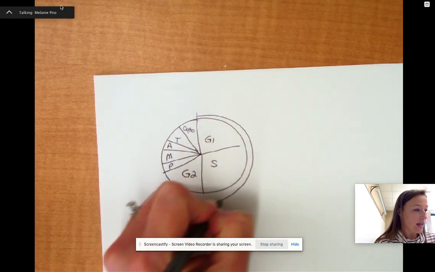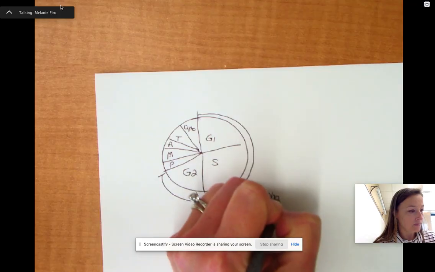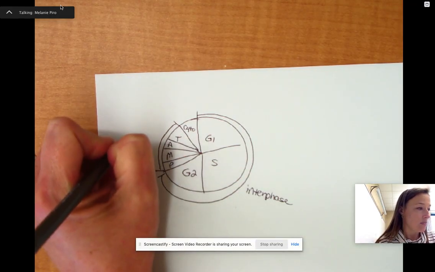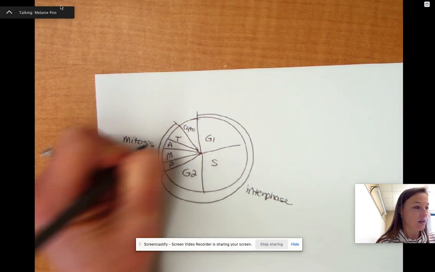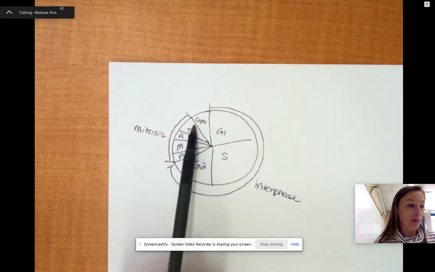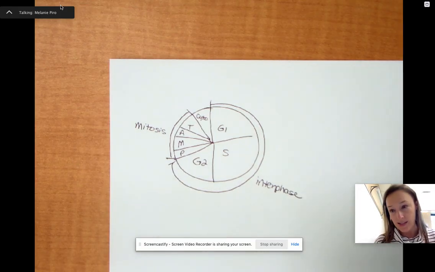These three are interphase. These four are mitosis. And if you look at the one in the Nearpod or the Google Slides presentation, much better, much more to scale. So interphase would actually probably be all of this, because it's like 90%. But anyway, for our purposes, it works.